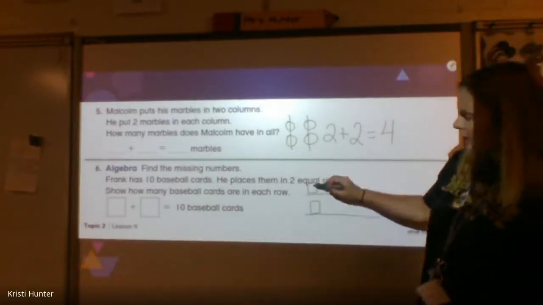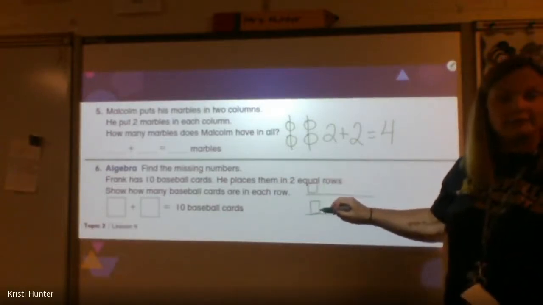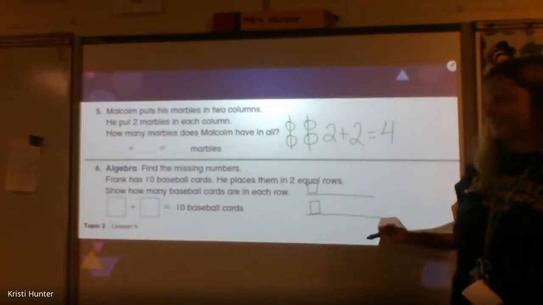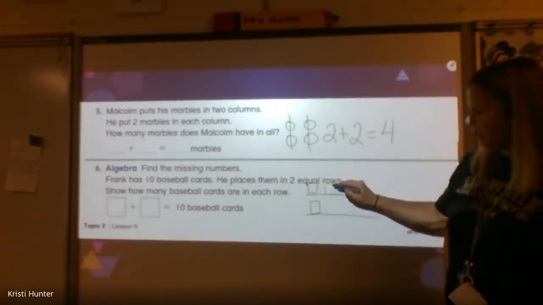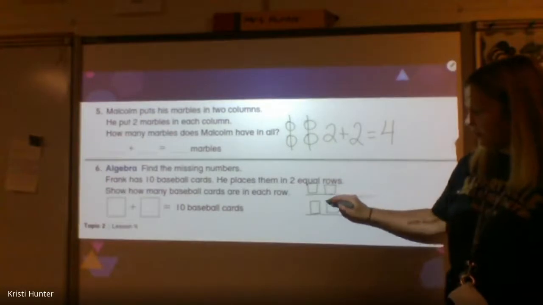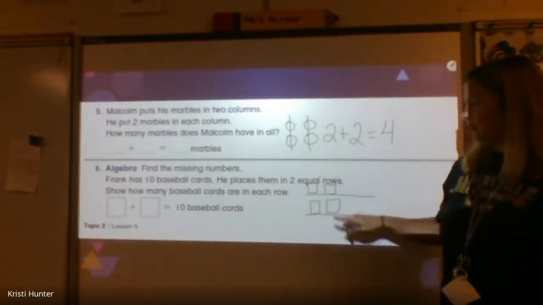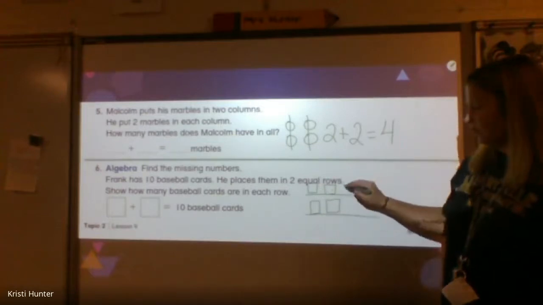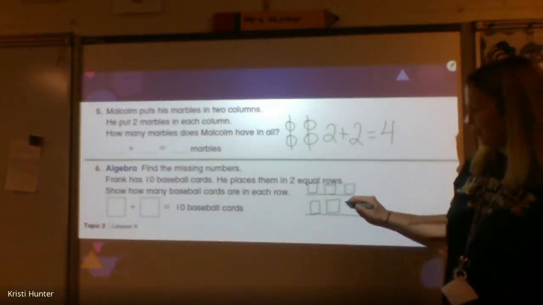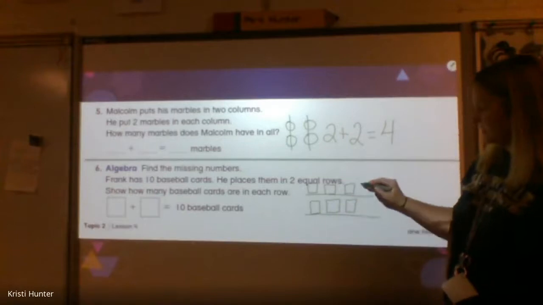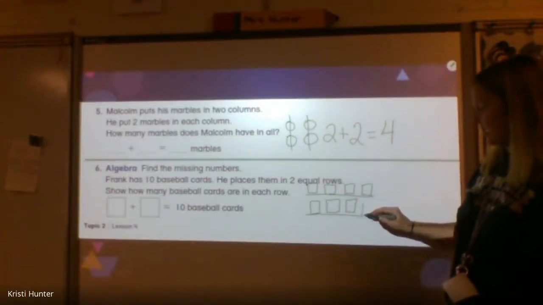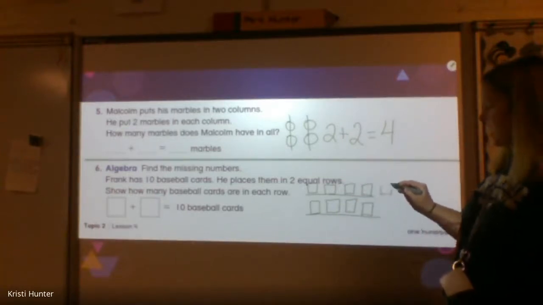So this is cards 1 and 2. And then this will be cards 3 and 4. Gonna keep going till I get to that number 10. 1 and 2, 3 and 4. Here we go. 5 and 6, 7 and 8, 9 and 10.